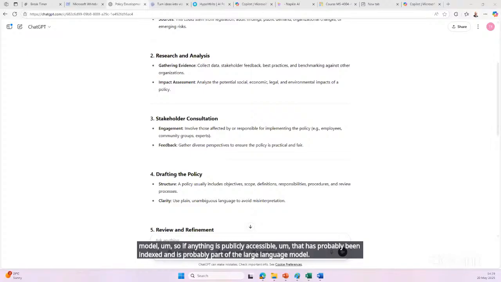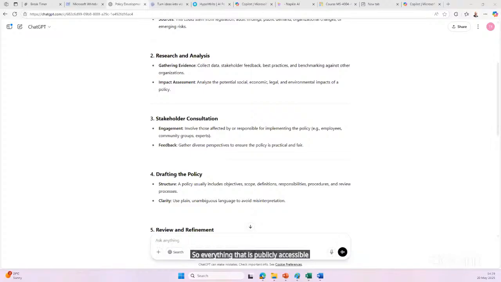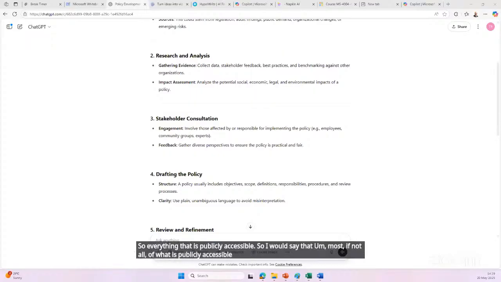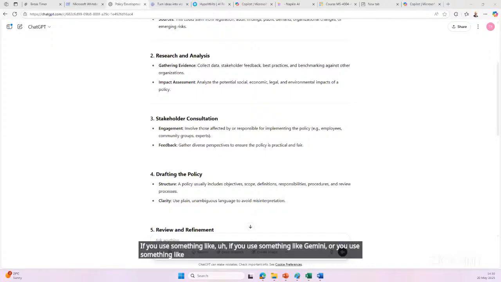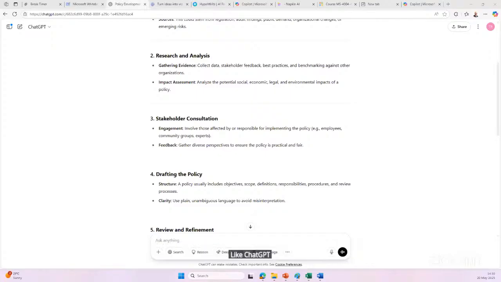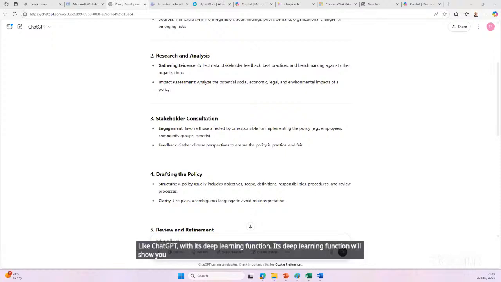So I would say that most, if not all, of what is publicly accessible is going to be available, and that's relatively easy to check if you use something like Gemini, or ChatGPT with its deep research function. It will show you the sources that it crawled to obtain the answer to the question that you asked.